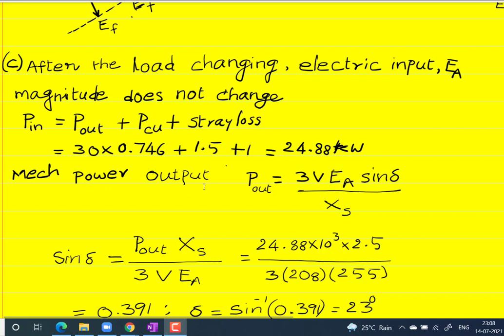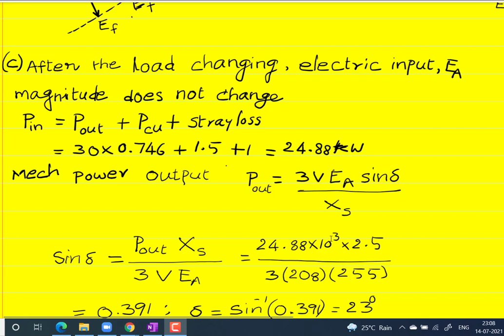So we know that mechanical power developed is given by 3 into V into EA sine delta divided by XS. From this we can calculate sine delta, that is P out into XS divided by 3 into V into EA. So we know all these things: 24.88 into 10 cube into 2.5 divided by 3 into 208 into 255.